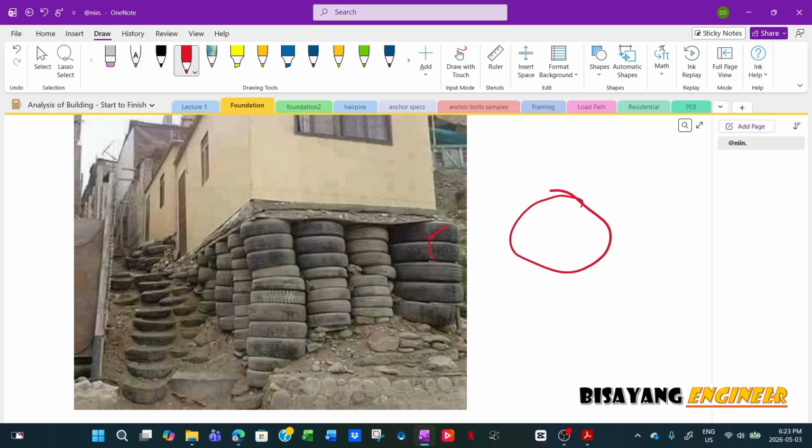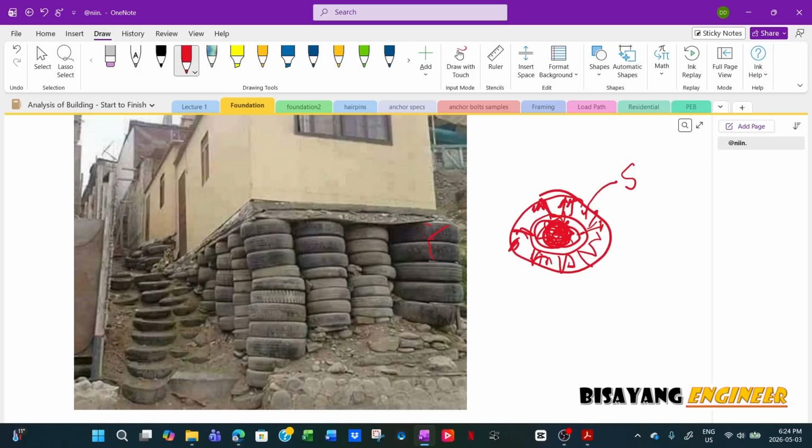Now if this is your tire, and then you put gravel in here and pound and compress it, then it will be confined by the tire wall. If the soil inside is properly compacted and confined by the tire wall, and like I said, it depends if it is a summer or winter tire, the stiffness will be different.